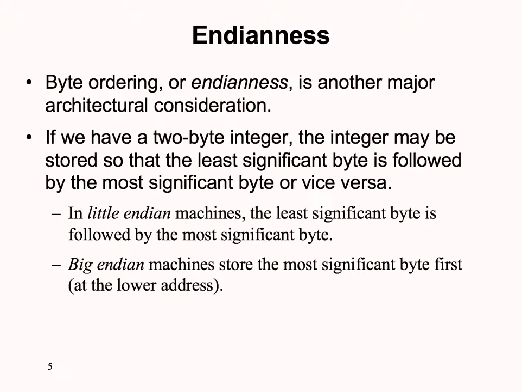The integer may be stored so that the least significant byte is followed by the most significant byte, or vice versa. In computers, we have two ways to store the information. The first one we call a little endian machine, in which the least significant byte is followed by the most significant byte. On the other hand, the big endian machine stores the most significant byte first, so it is stored at the lower address. We can see some examples later on.